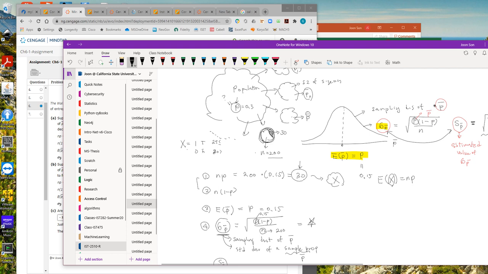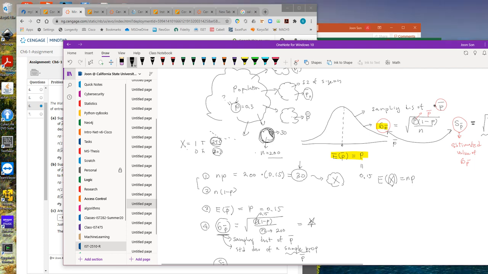You can think of this as a 1, and this as a 0, true and false. There are only 2 events for this random variable x, so that's why we assume that x follows the binomial distribution.